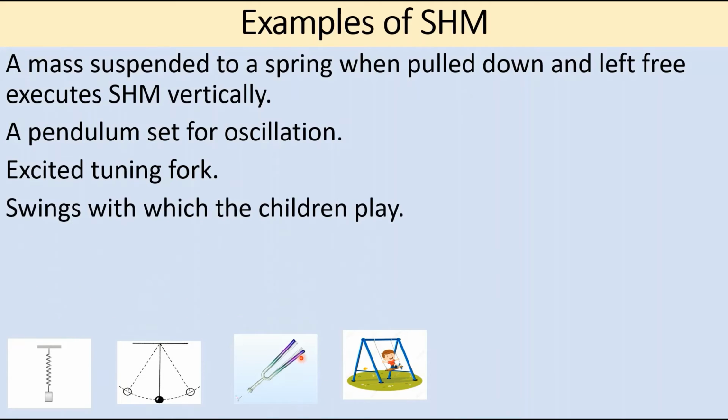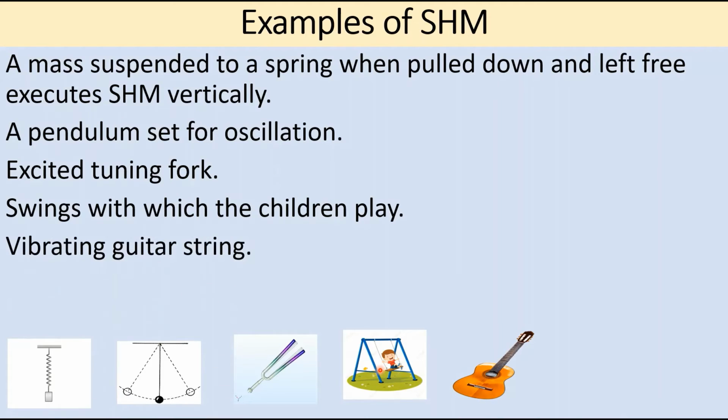The next example is the swing with which children play. It moves to and fro about the mean position, so this is also an example of simple harmonic motion. Another example is the vibrating strings of the guitar, which undergo simple harmonic motion.